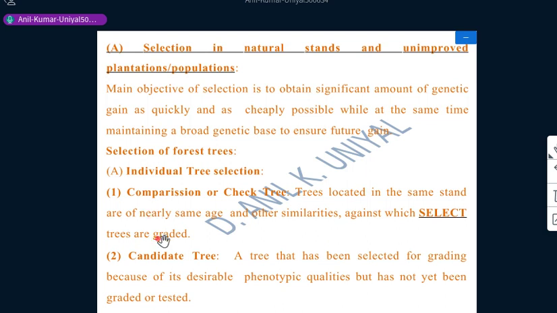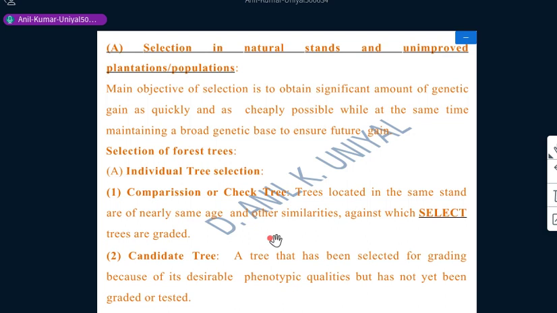Comparison trees or check trees will be in the vicinity. Among 300, suppose 2 trees are there, so one will be intended for final selection, but one will be considered a check tree or comparison tree. These trees are located in the same stand, are of nearly the same age, or other similar trees also, and against each one, those two will be selected or graded.